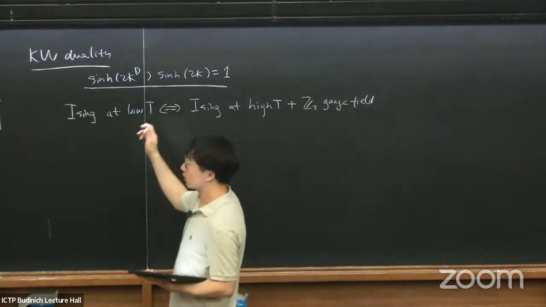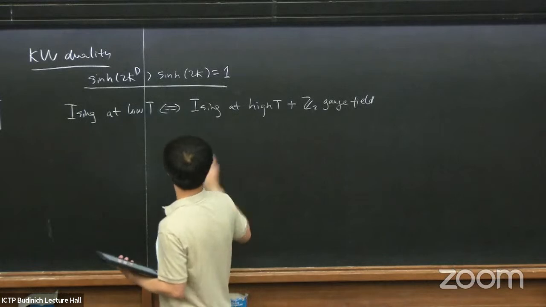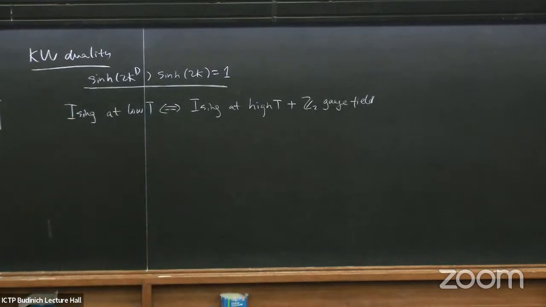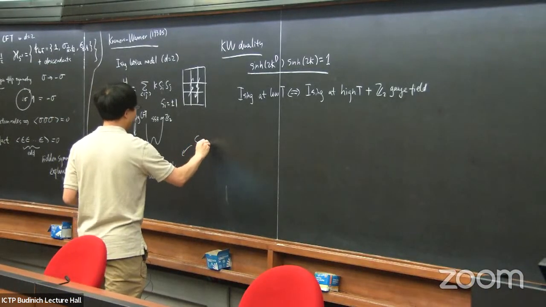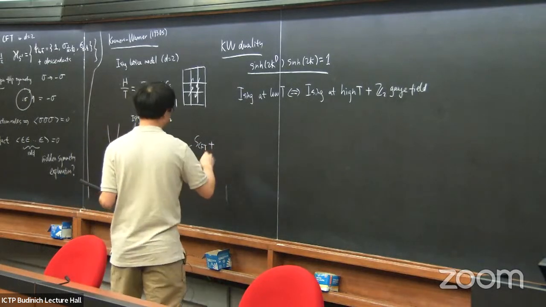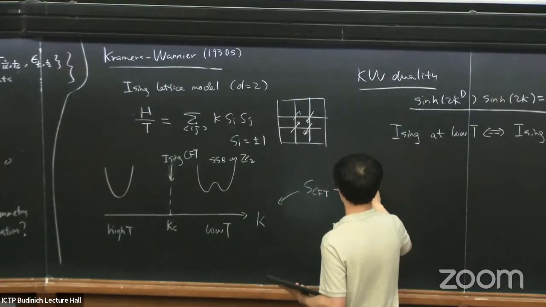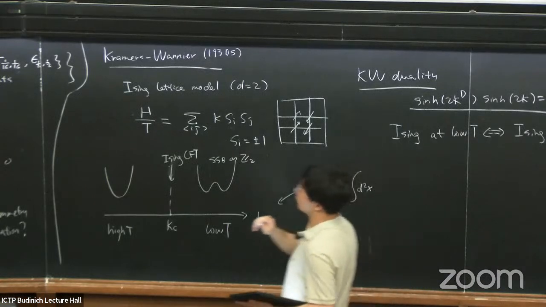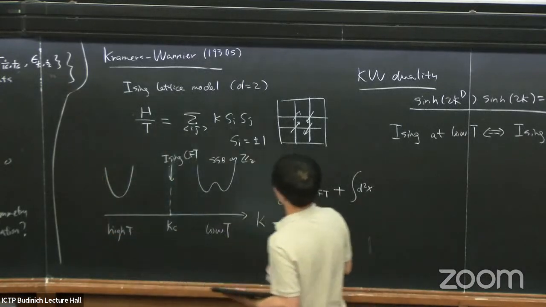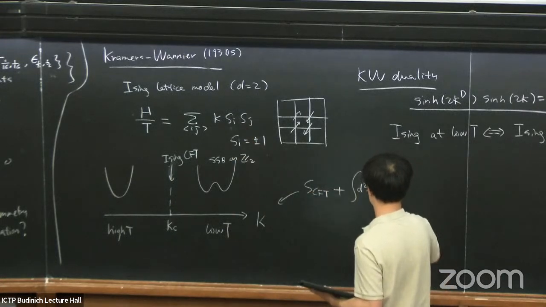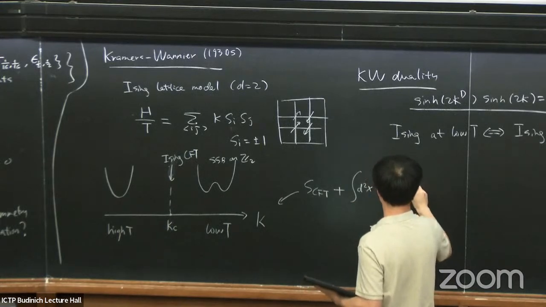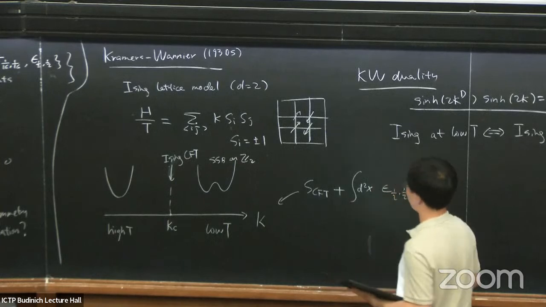And because this duality relates the low temperature and high temperature Ising model, I should also say that in terms of the CFT, this phase diagram can be captured by the Ising CFT deformed by a relevant deformation, triggered precisely by this energy operator, which is essentially dual to the Hamiltonian over here, where m squared is the coupling.